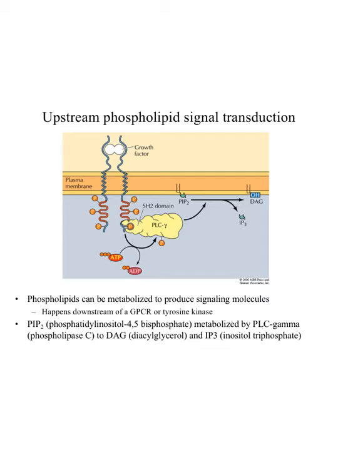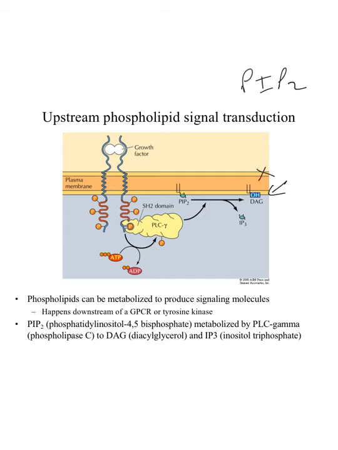And the first is what we call the PIP2 pathway. PIP2 is an acronym. PIP2 is a type of phospholipid, and it's a type of phospholipid that's only found in the inner leaflet of the plasma membrane. We don't see PIP2 in the outer leaflet.